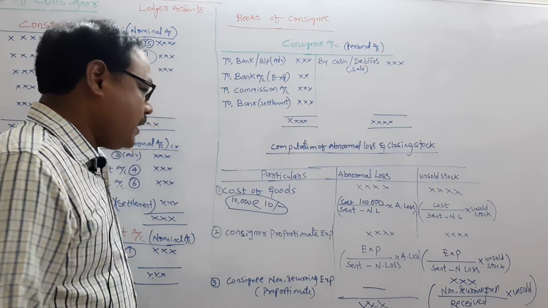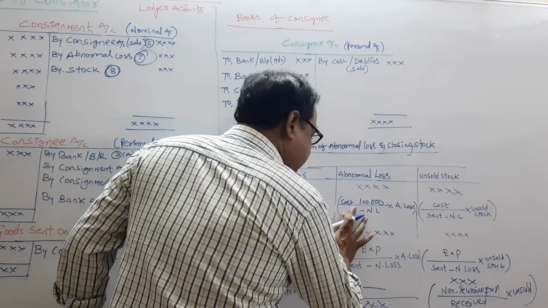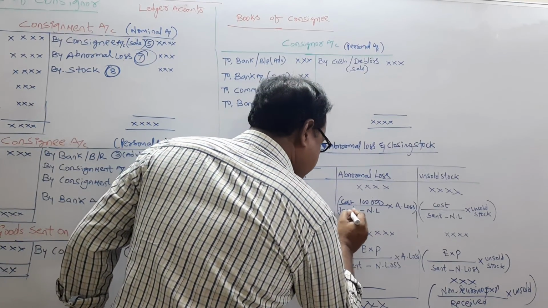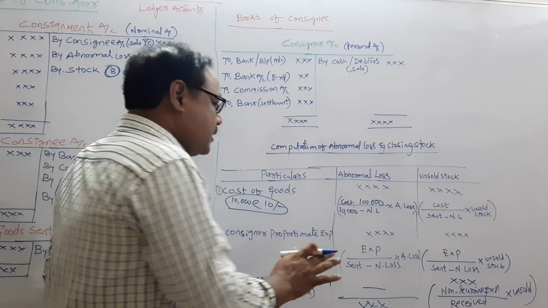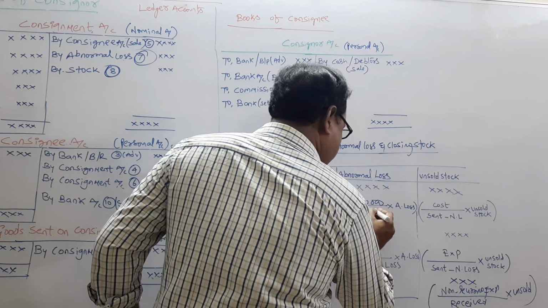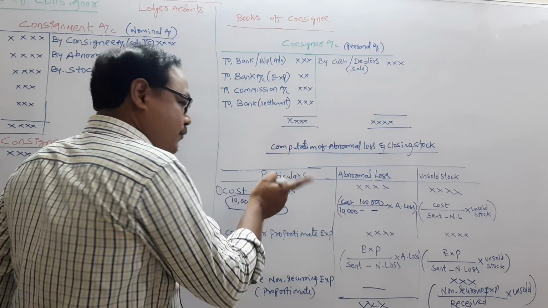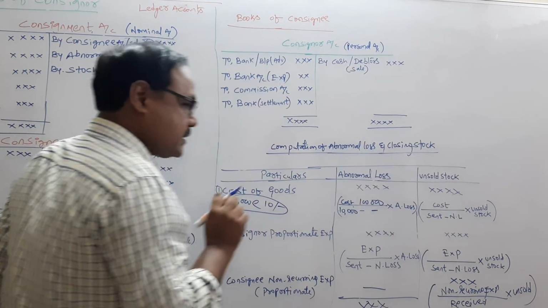1 lakh. Now I take here cost in units, 10,000 units. Right now I am not taking any normal loss, I am just ignoring it because we have to focus on the abnormal loss.